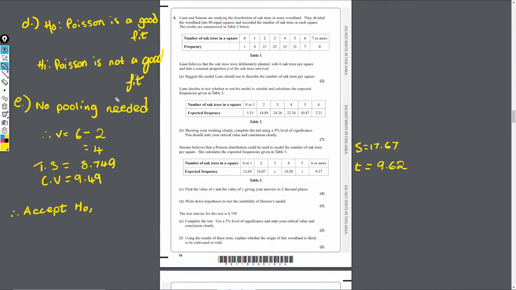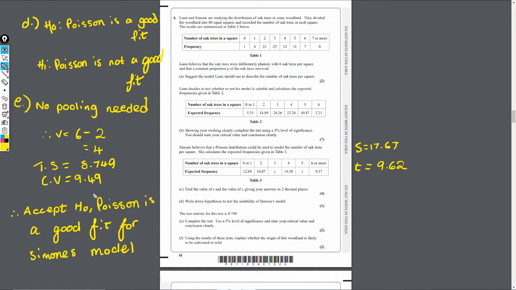That means the Poisson is a good fit for Simon's model. So there we go, that's part E done. Nice and easy. You just have to work out the degrees of freedom, work out your critical value, and then accept based on the fact that it's smaller.